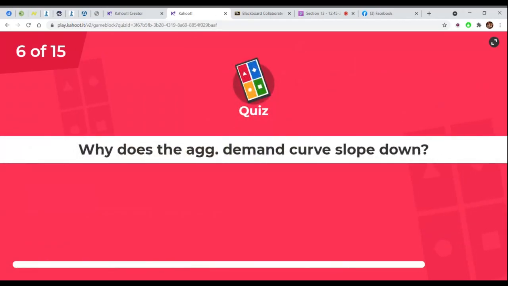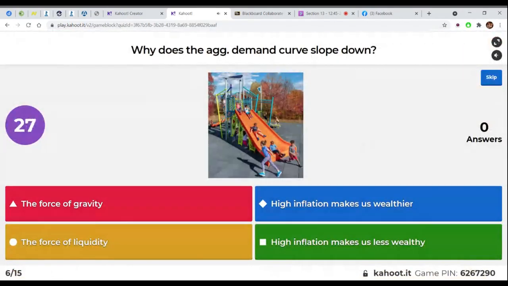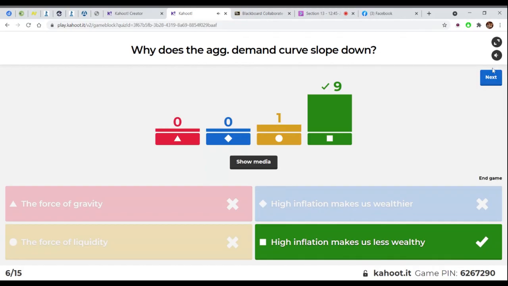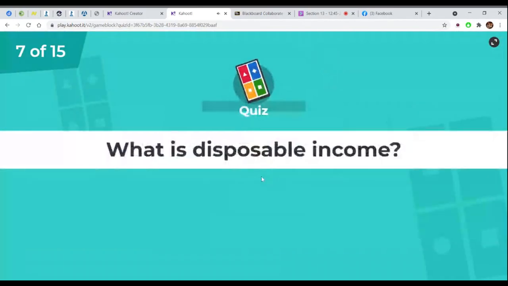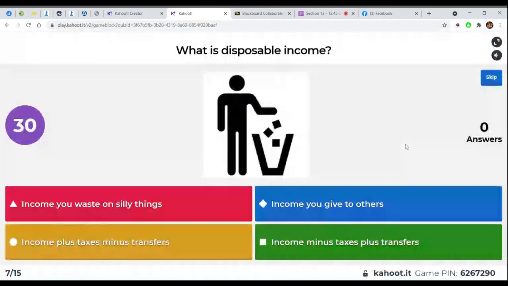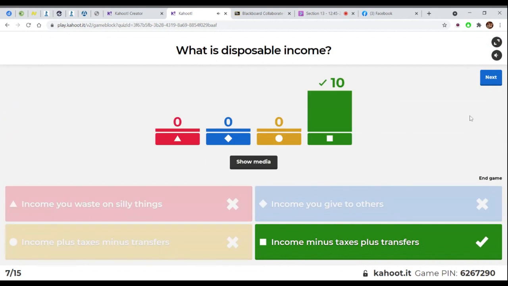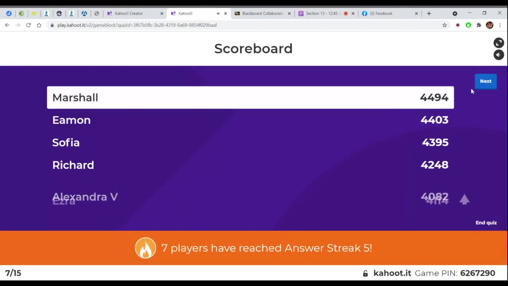Next, why does the aggregate demand curve slope down? Is it the force of gravity? Force of liquidity? High inflation makes us wealthier, or high inflation makes us less wealthy? All right, that's right. High inflation erodes the real value of your savings. 7, what is disposable income? That's right. Everyone got that right. Good job.